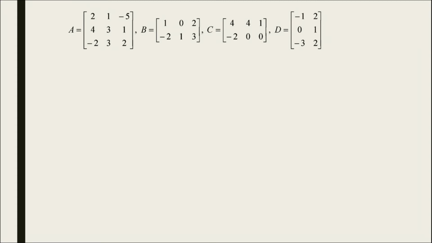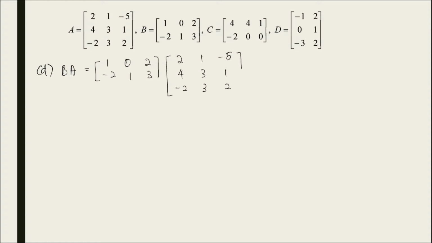Okay, move on to question D, B times A. This is the same as the previous question. You just need to multiply B with A. Let's check the order. Matrix B is a 2 by 3 matrix, and matrix A is a 3 by 3 matrix. So if you multiply these two matrices, the answer is a 2 by 3 matrix.